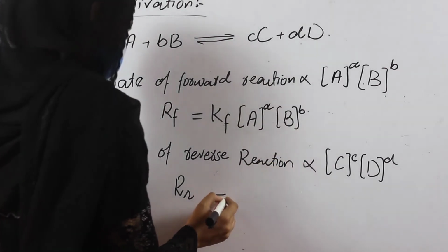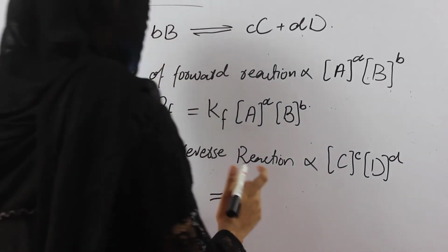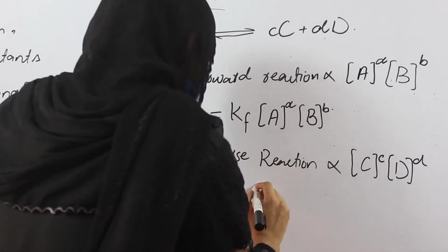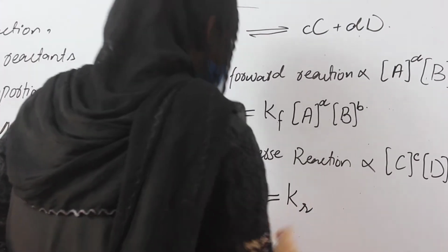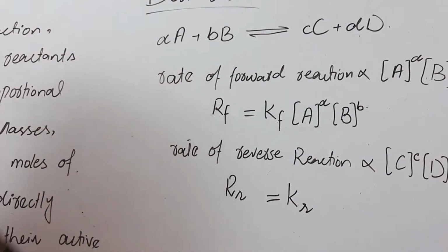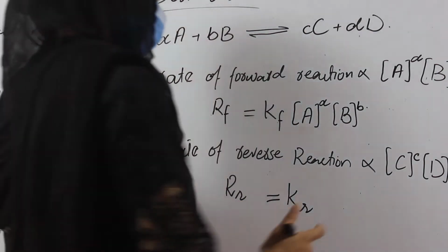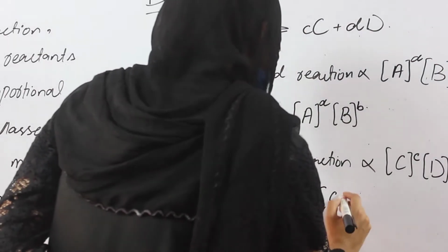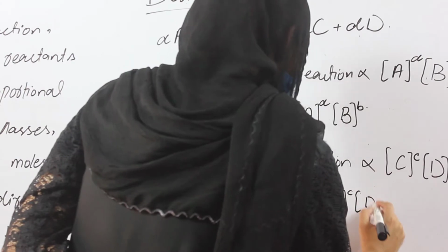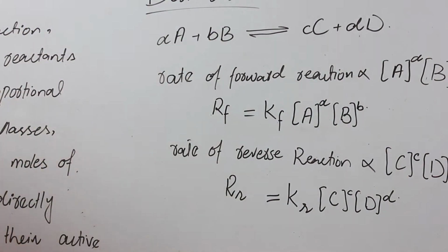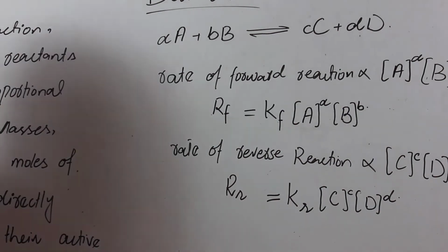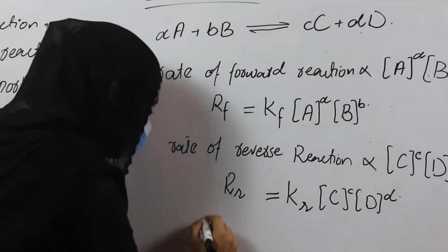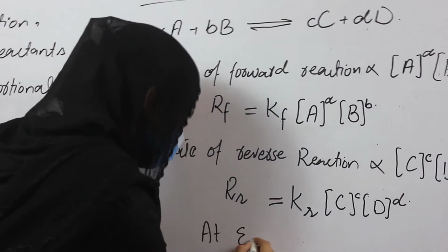In place of the proportionality sign we write equal, and the constant is Kr, the constant of the reverse reaction, with the active masses of the products. Okay, now because we are dealing with the equilibrium constant, here we are talking about the equilibrium position.